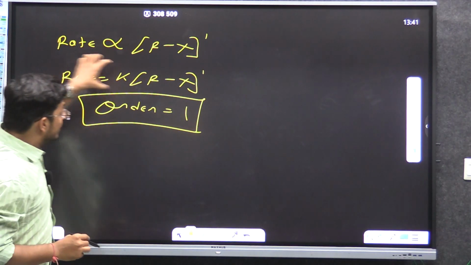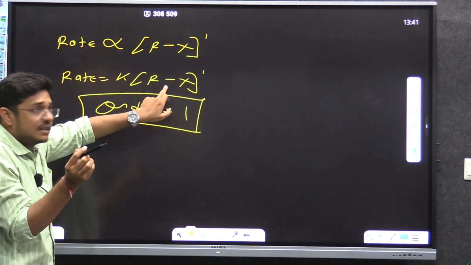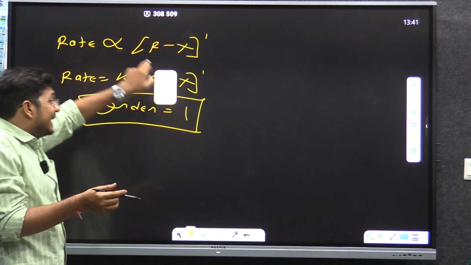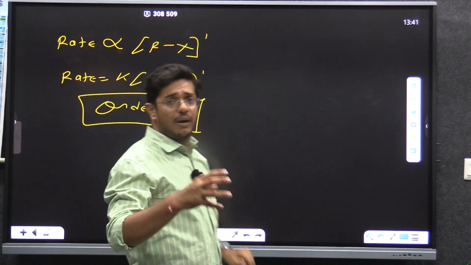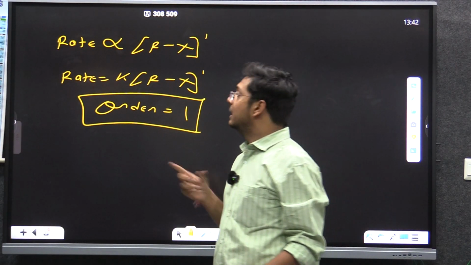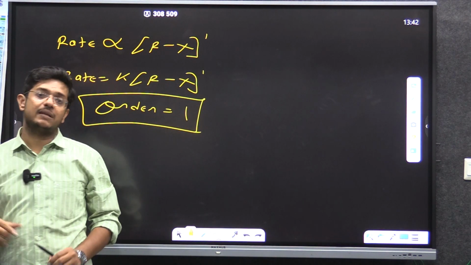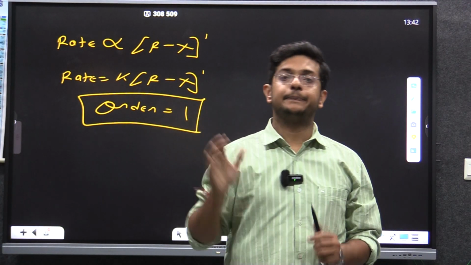But the meaning is that a small change in the alkyl halide will directly impact the rate. That's why this reaction is known as first order kinetics, and the whole reaction mechanism is known as substitution nucleophilic first order.